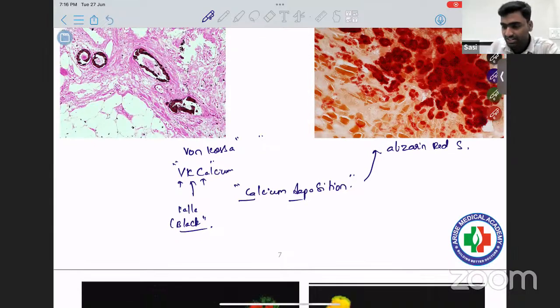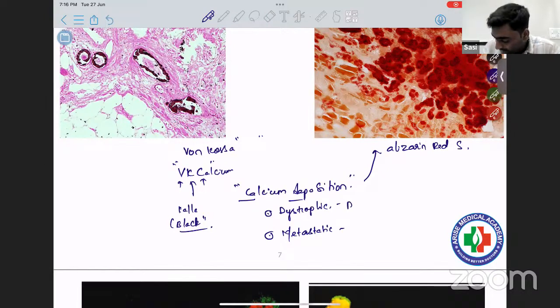And we know this calcium is most important because it is repeatedly tested. There are two types of calcification. One is dystrophic calcification. Another one is metastatic calcification. In dystrophic calcification, it is happening on dead or dying tissue, whereas metastatic calcification happens in normal tissue.